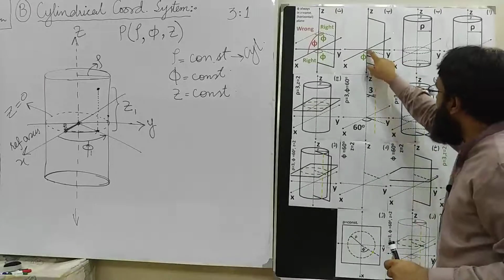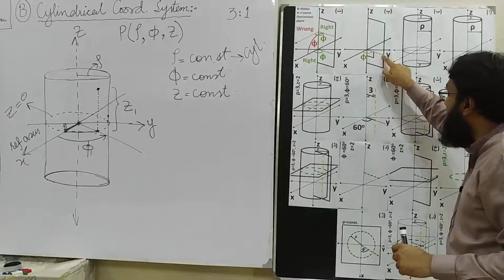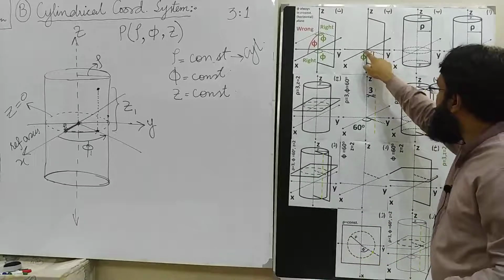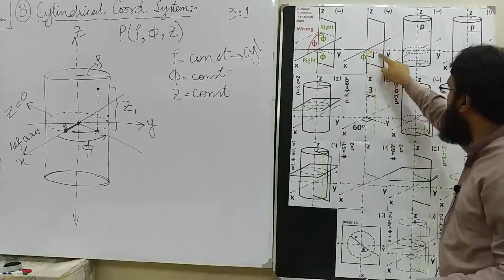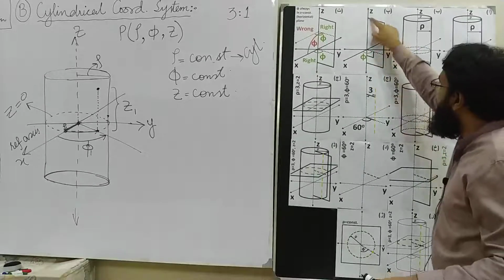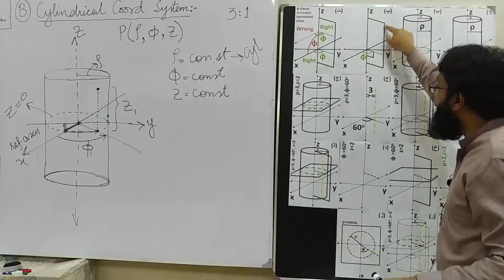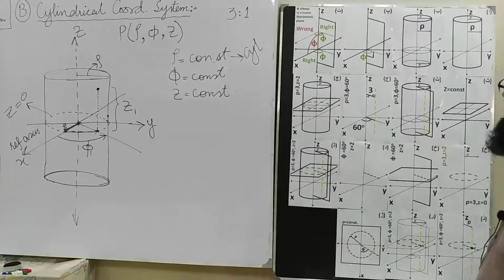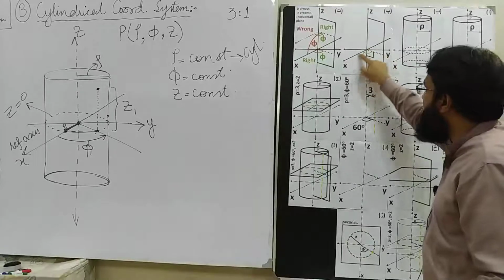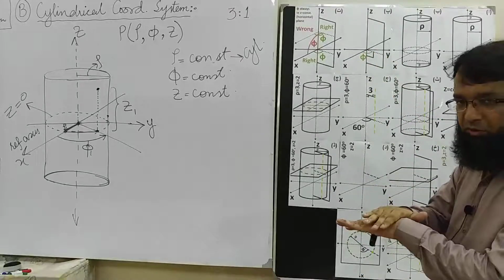And this dotted line is also on the z equals 0 plane. This line is not only on this door, but it is also on the z equals 0 plane. Why? Because the x-axis is also on the z equals 0 plane.